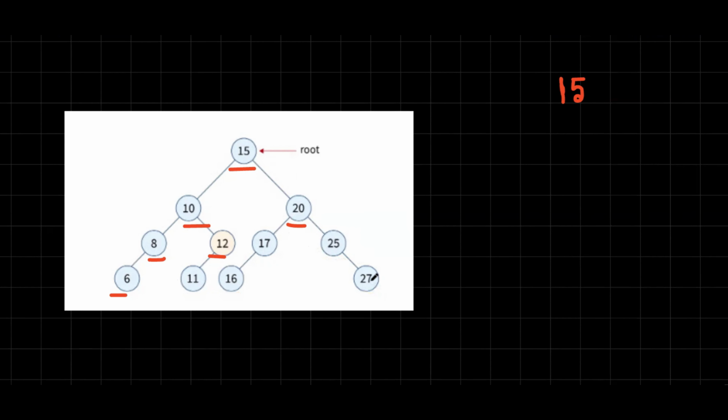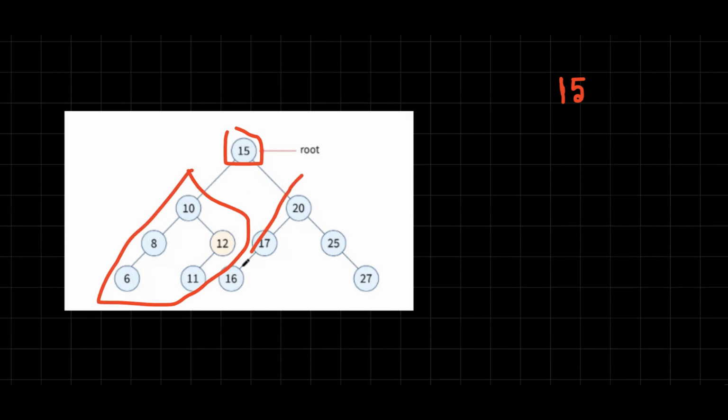And this given tree is a binary search tree because for any root, all of the values in the left part are less than the root, and all of the values in the right part are greater than the root. And this is true for each of the nodes. Now we have to remove the node 15.